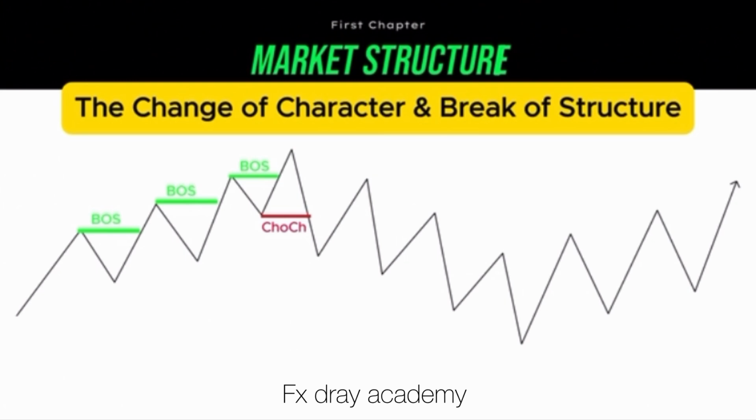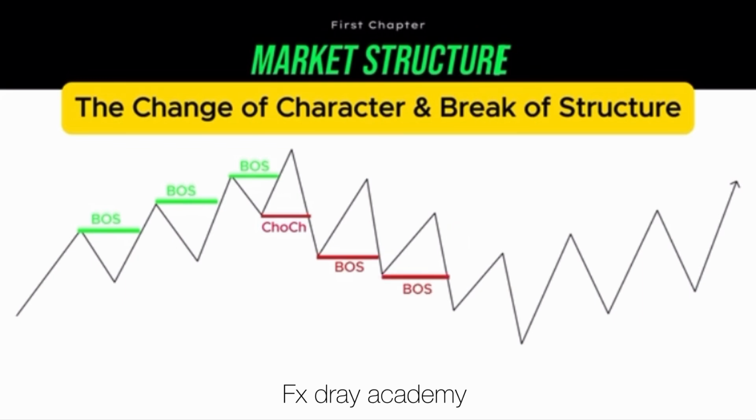At this particular area, when we have our change of character, we are expecting the market to pull back and not be able to break the recent high, then give us a break of structure. At this particular level right now, we are now fully set to take the trade. Now the market has switched from an uptrend into a downtrend.